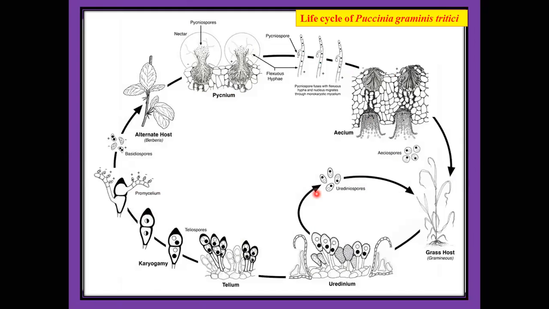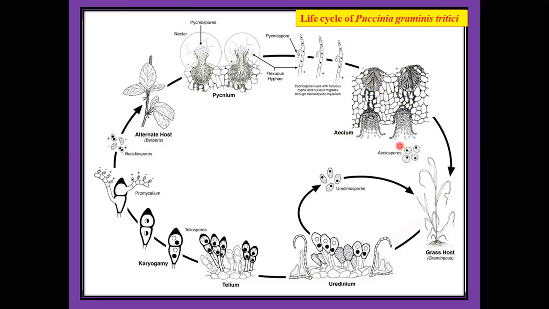Okay, this is also the diagram of the Puccinia graminis tritici life cycle. This is the aecium, means inverted cup. The aecium fruiting body generally develops at the lower side of the barberry leaf, and on the upper side pycnidium fruiting bodies are developed.